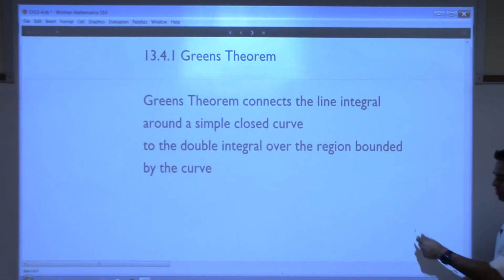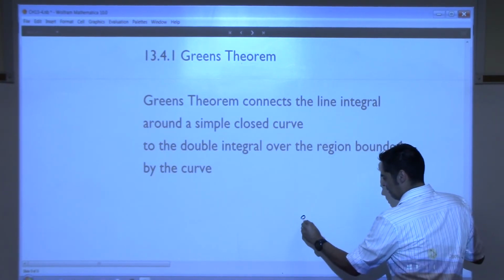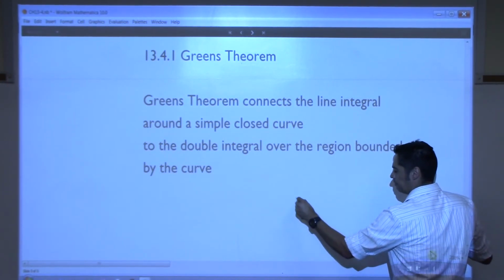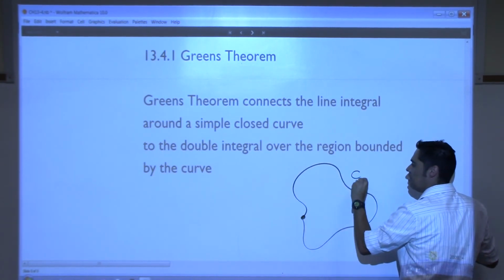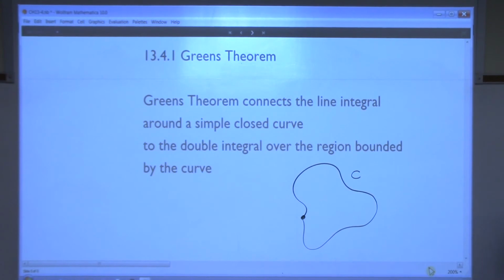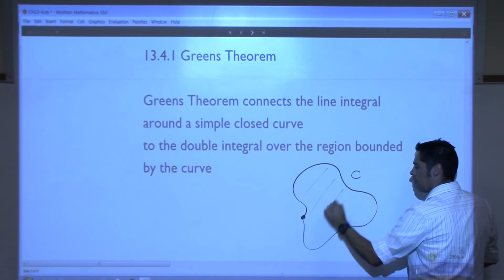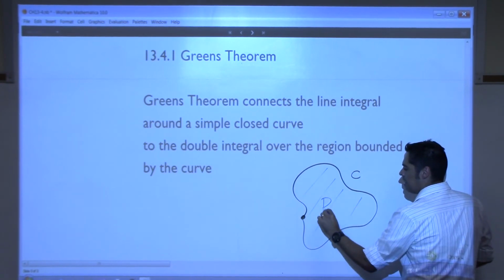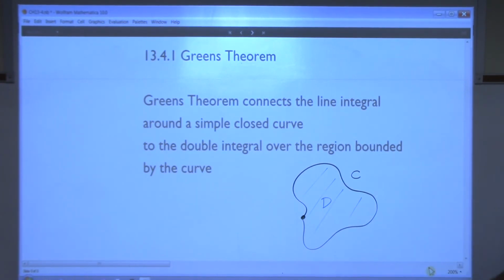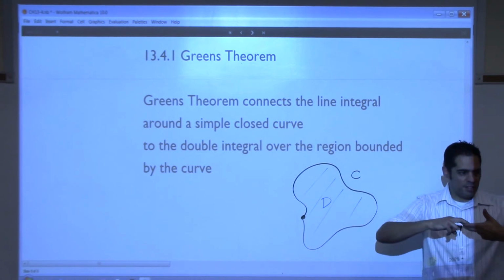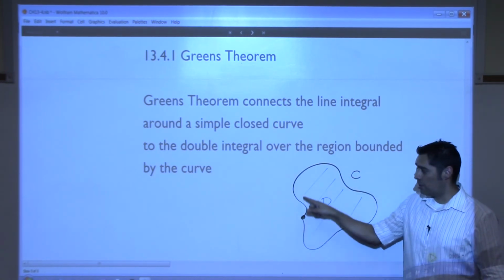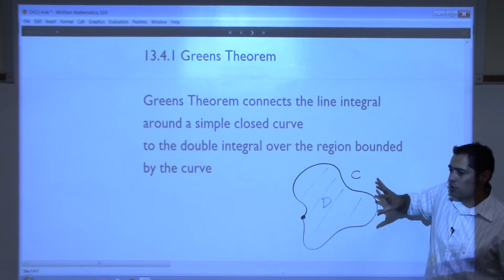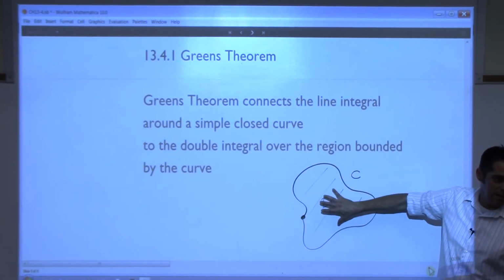So imagine, I'm sure I'm going to have pictures coming here soon, if I take a curve and I make it a simple closed curve, and I call that C, then by default, it encloses a region, doesn't it? And that region I could call D. Green's theorem shows us that there is a connection between the line integral around this curve and the double integral of the region that it encloses.